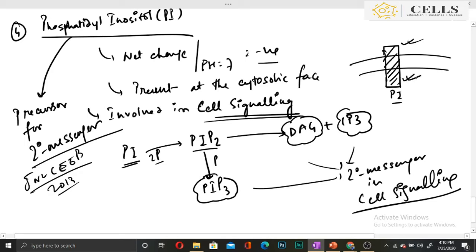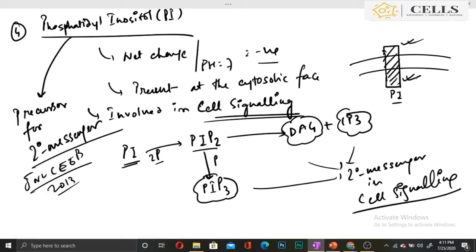You need other kinds of phospholipids on the exoplasmic domain when acting as receptors. So different phospholipids are present at different domains, and they have different functions.